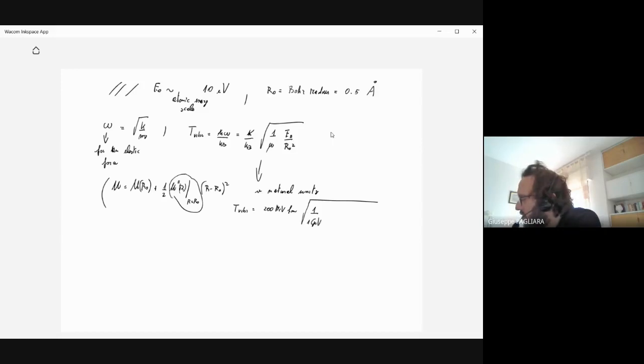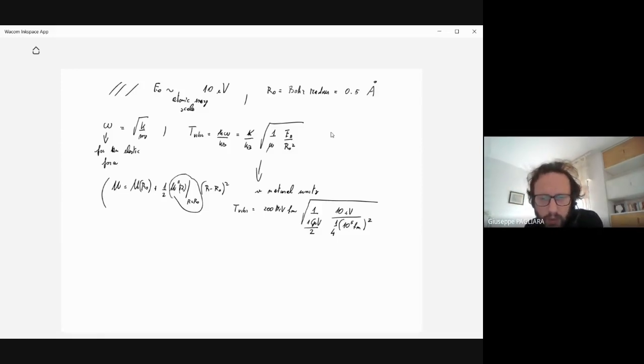So let's take 1 GeV divided by 2. E0 is 10 electron volt, whereas R0 we said is half an angstrom, which is 1/2 times 10 to the 5 Fermi, squared. And I think I have everything. Let me check if I have all the numbers here. GeV, 10 electron volt, 1/2, 10 to the 5. Okay, yeah, that's good. Now it's a matter of making the calculation, of course.